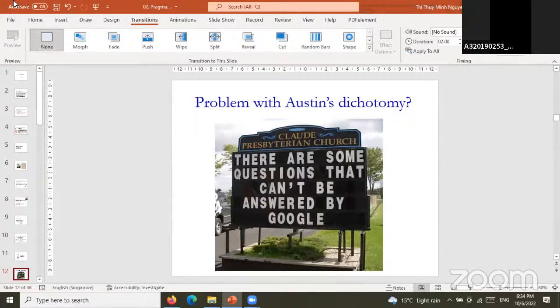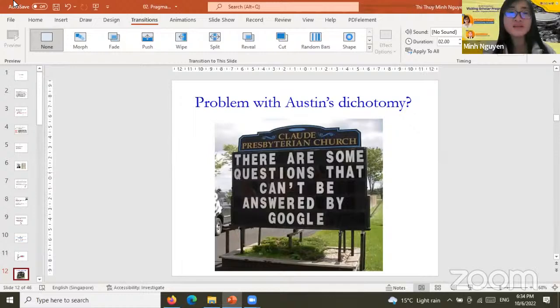Any good guess? What is the implied meaning of this sentence? What kind of act does this sentence perform? There are some questions that can't be answered by Google.